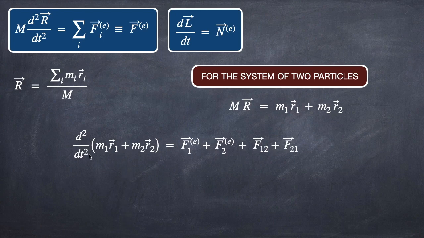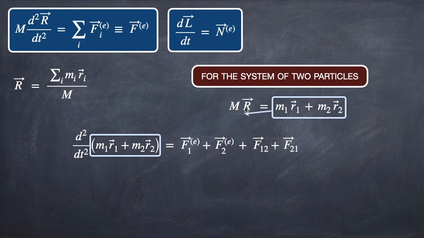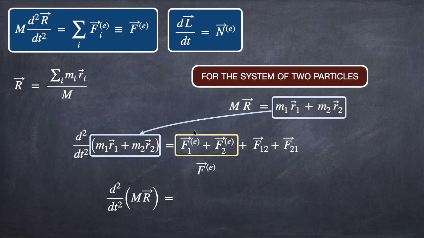Now, this quantity inside the parentheses is equal to MR. So we are going to write the left-hand side of the equation as the time derivative of MR. And the summation of the external forces on particle 1 and particle 2 is equal to the total external force, which is written here.